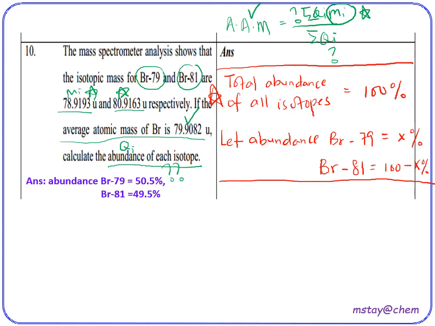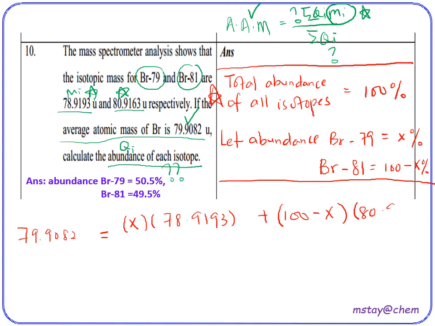Then we can do the calculation using the formula. The average atomic mass is given as 79.9082. The abundance of bromine-79 is X% and its mass is 78.9193, added to the abundance of bromine-81, 100 minus X, multiplied by the mass of bromine-81, 80.9163, over the sum of the abundance.